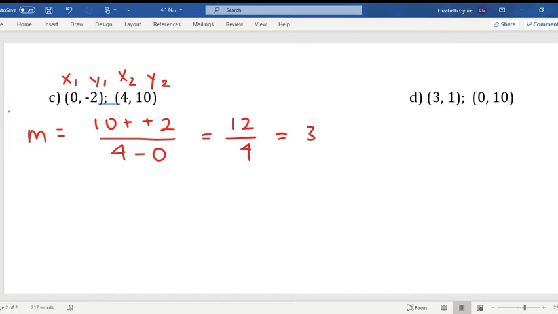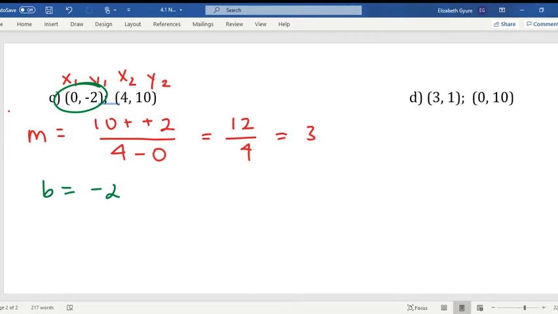What else do I need? I need a y-intercept. Is there a point here that is your y-intercept? 0, -2. How can you tell? Why is it that one and not 4, 10? Corey? Right. The x is 0, and then you have a number for y, right? So that's what you're looking for. So x is 0, and y is a number. So that means your y-intercept is -2.